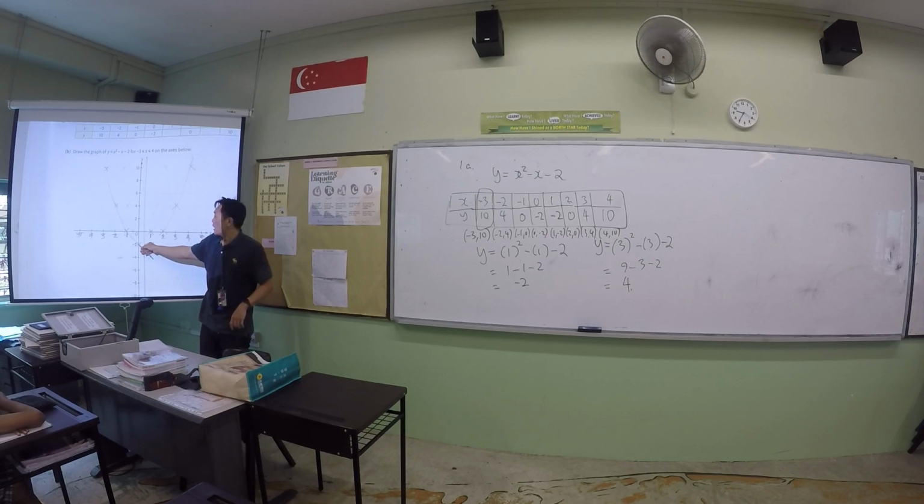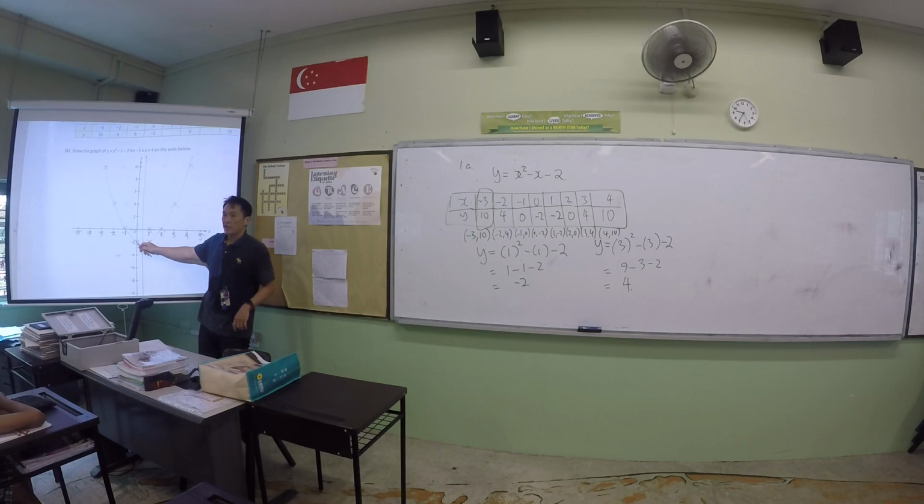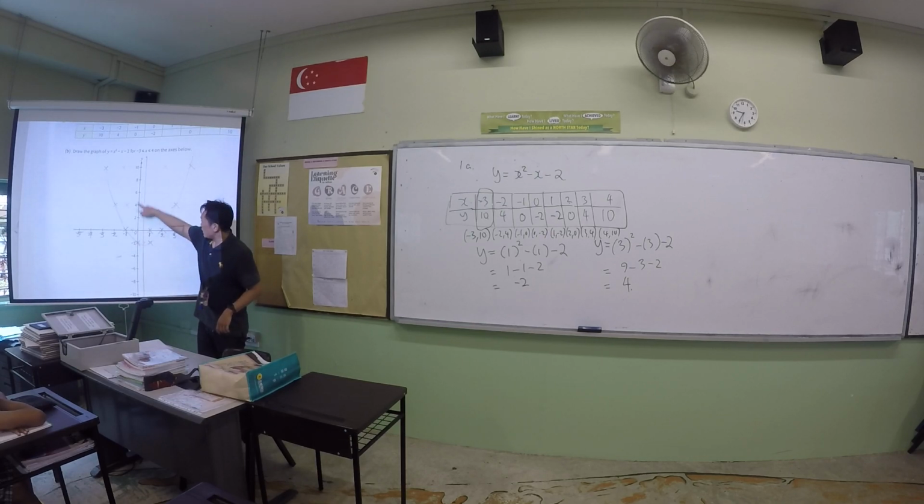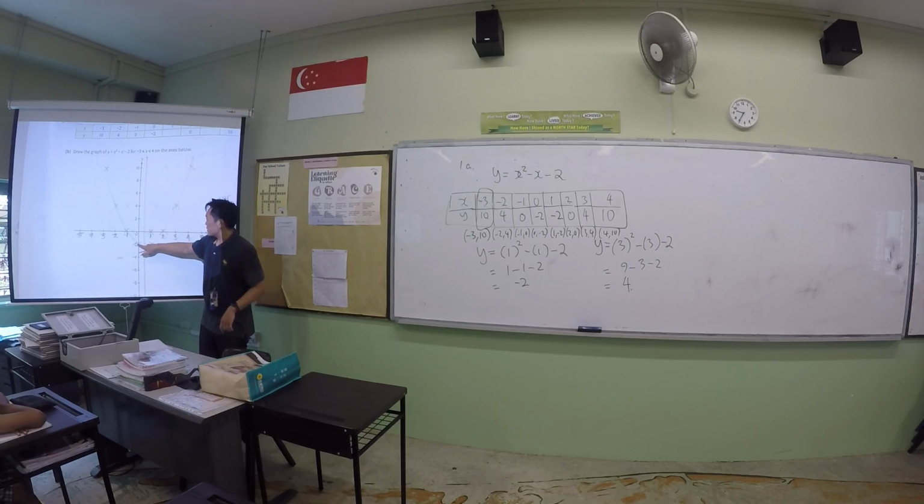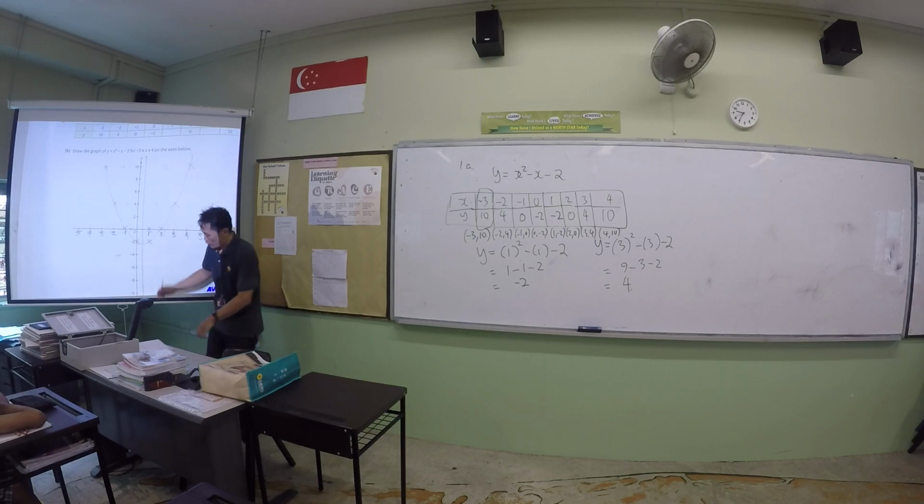Okay? And how do we describe this point? To describe a point, we must give an x and a y. The x value of this point, it never moves right, it never moves left. So the point here, the x is 0.